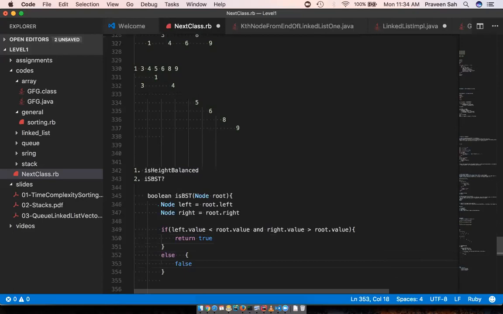Is that right? And this if condition should run till the height of the tree. So while, I don't know how to put that in code.